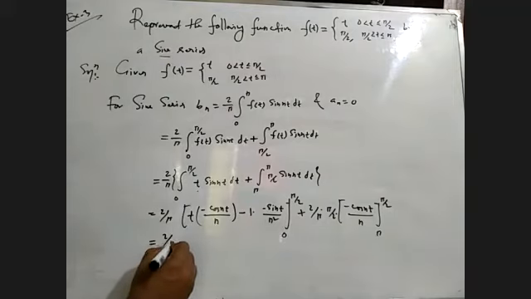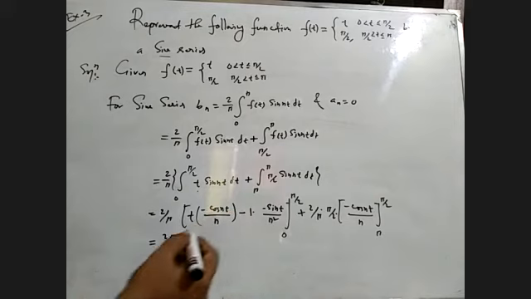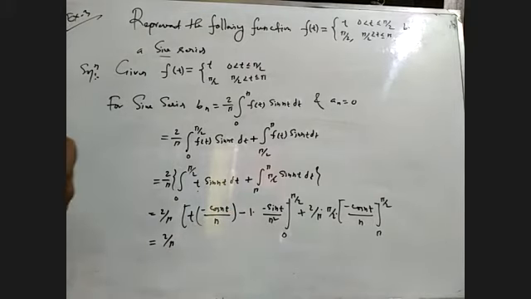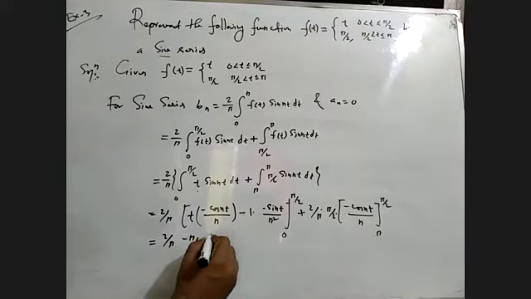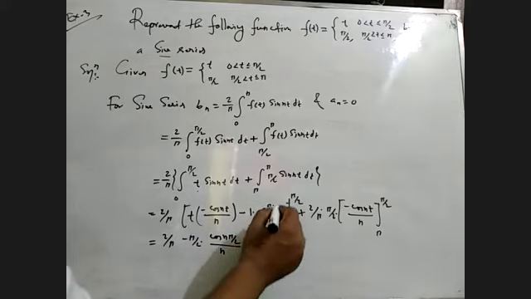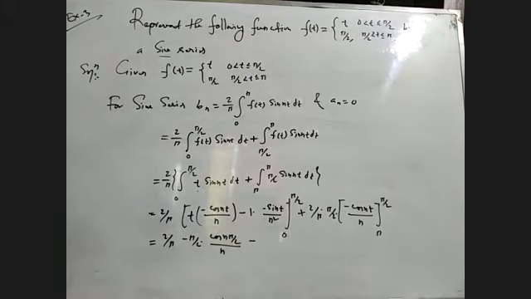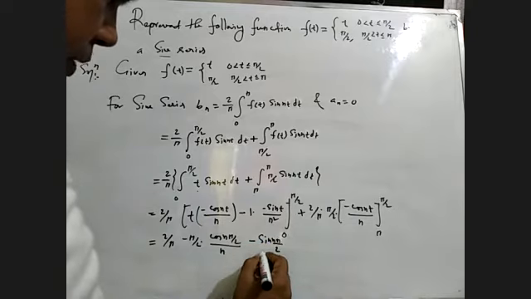Now putting the values of the limits, with t equals pi by 2, we get minus cos n pi by 2 divided by n, pi by 2, again sine n pi by 2 divided by n square.